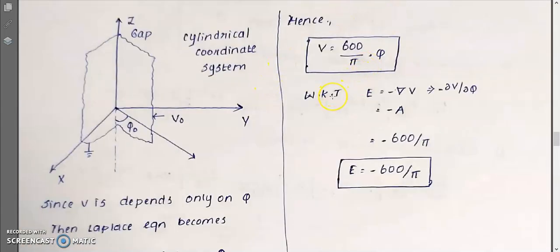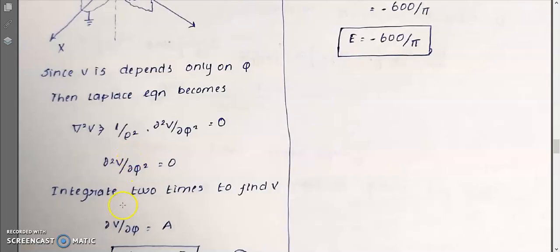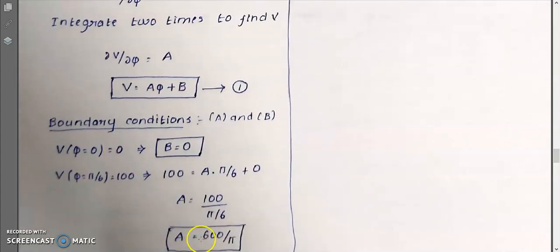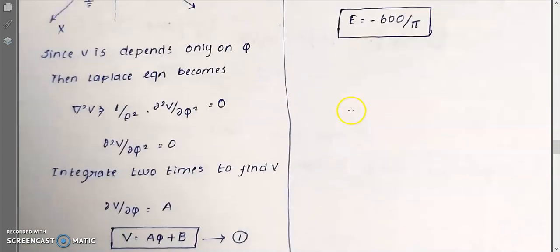We know, as I already determined in yesterday's problem, E is nothing but minus del V, the negative gradient of potential. So minus del V is nothing but minus dV by d phi, which is the constant A. So minus dV by d phi is nothing but minus A, and A is what I already found, 600 divided by pi.